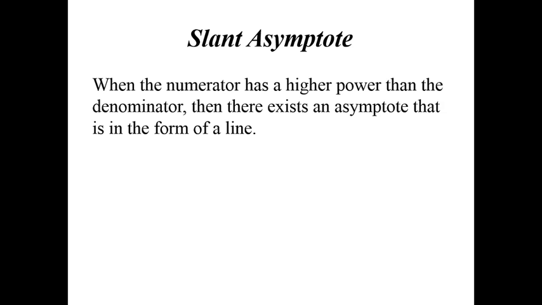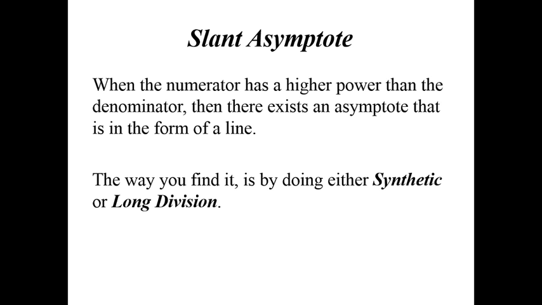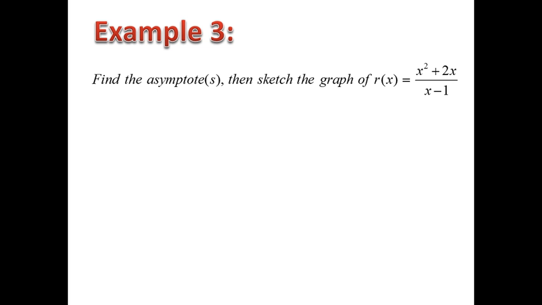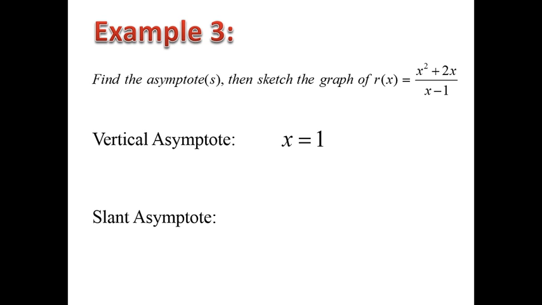Now what about the slant asymptote? The way to find the slant asymptote, we can use either synthetic division or long division. In the previous video, we talked about the difference between long division and synthetic division. The divisor is a linear binomial, so we can use synthetic division or long division.